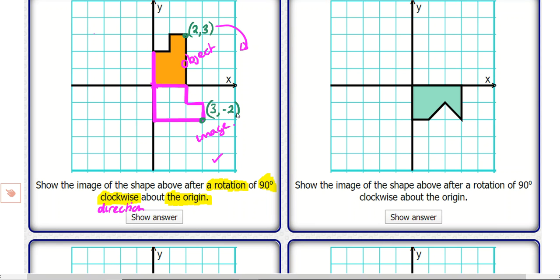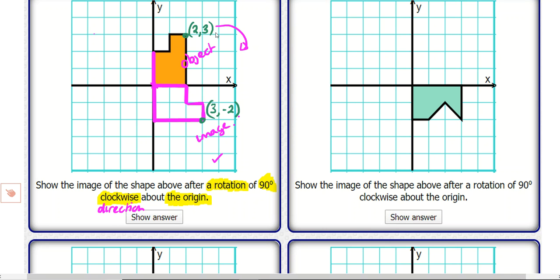So you might think, also, if I go up to the harder ones where I start giving you coordinates instead of objects, and you've got to figure out where they would end up, there is a way of identifying, well, I know it's a rotation of 90 degrees. What do you think the coordinates would be of this point if I rotated the other direction? So without looking at it, 2, 3, let's do a rotation of 90 degrees anti-clockwise.